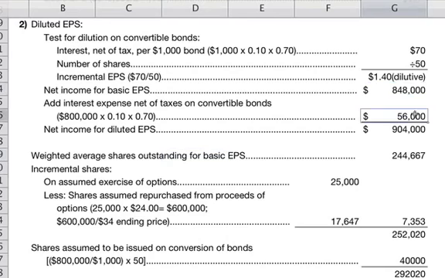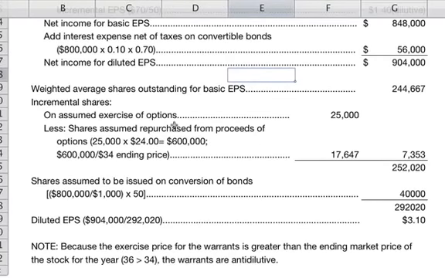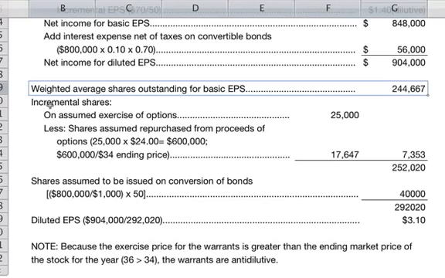So you add those two together and you get $904,000. Now we need to find the weighted average shares outstanding for basic EPS. We don't need to find that, we already did that. Then we figure out incremental shares. So you have the 244,667 for basic EPS.